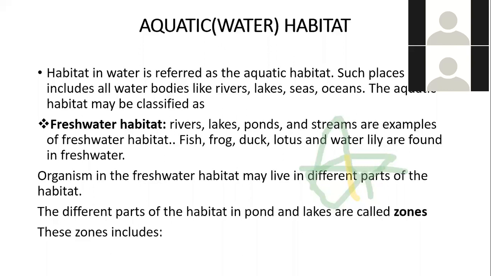You have fish. I wasn't too specific, so let me be more specific. Fishes that require low salt content. So let me use the word tilapia. So tilapia, frog, duck, lotus, and water lily.